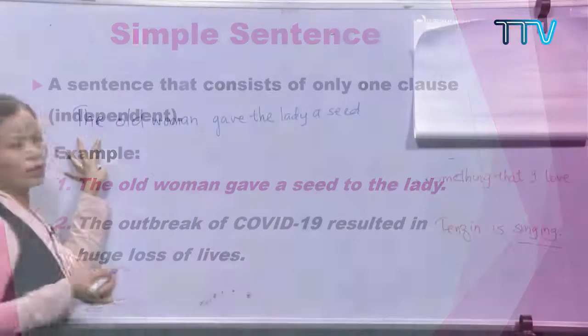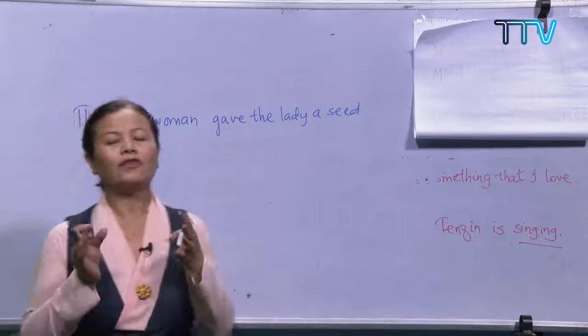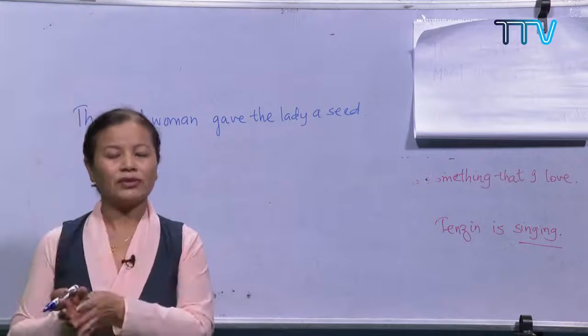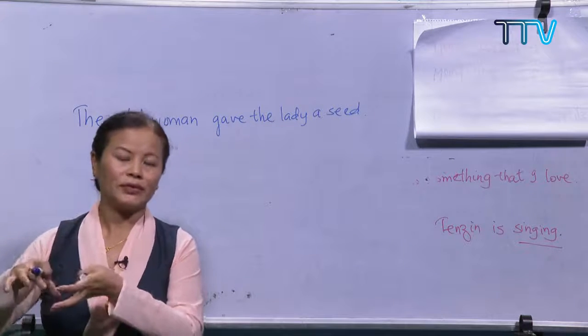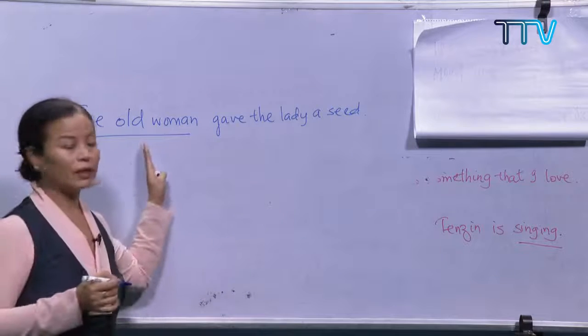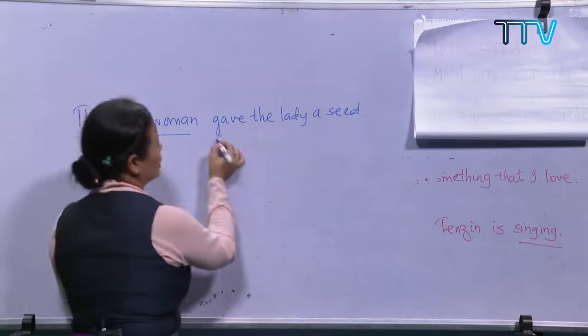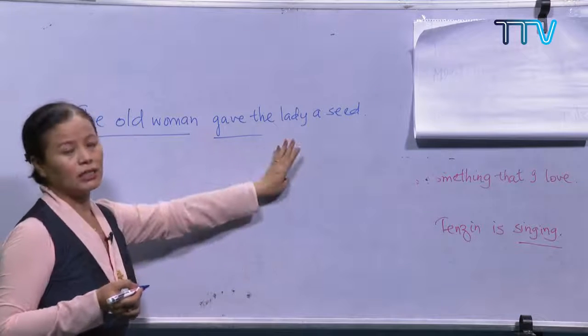What you need to understand is that a sentence consists of a subject and predicate, a subject and verb, and the words that modify it. So the old woman here is the subject, clear? And gave the lady a seat, the verb is gave. The old woman gave the lady a seat.